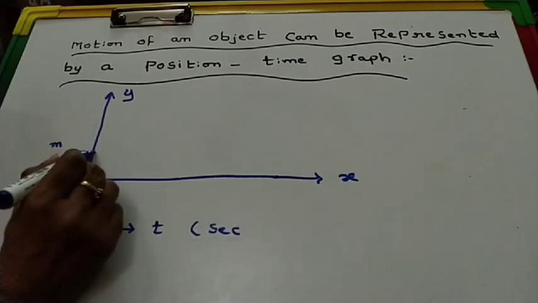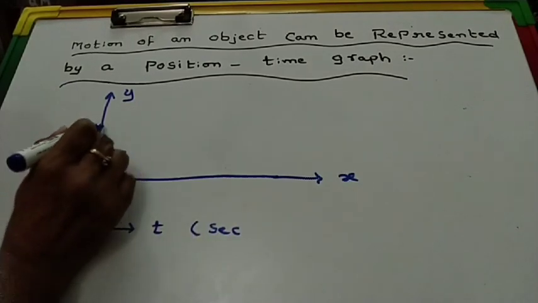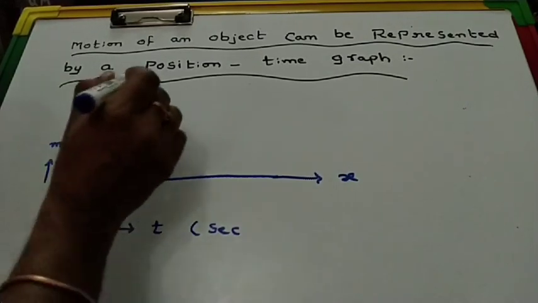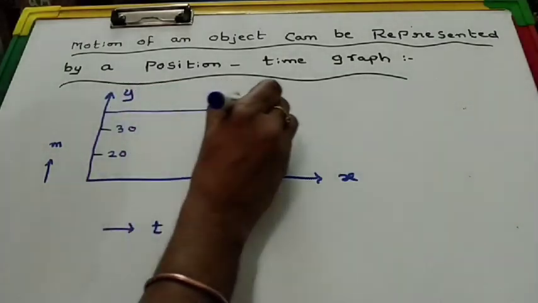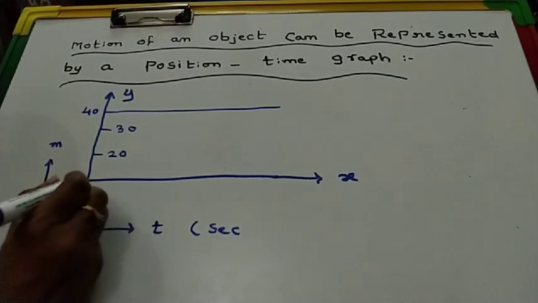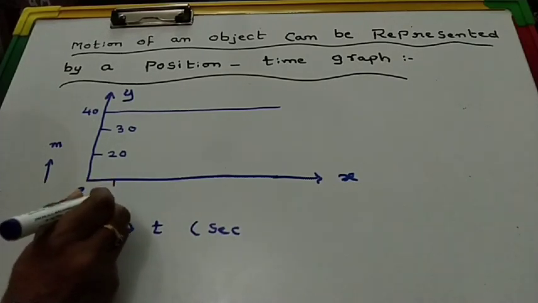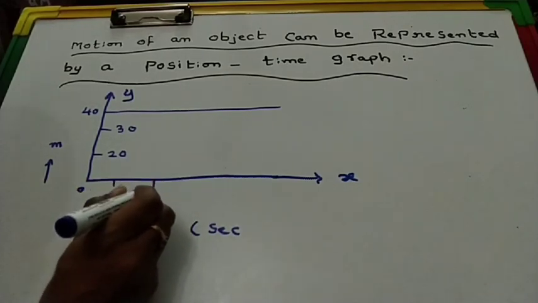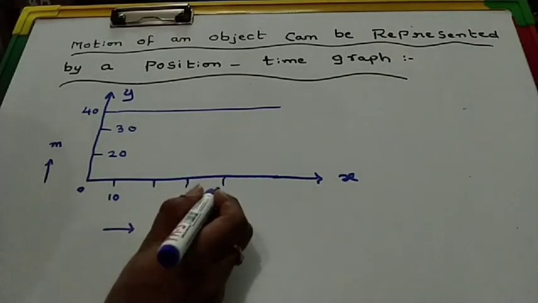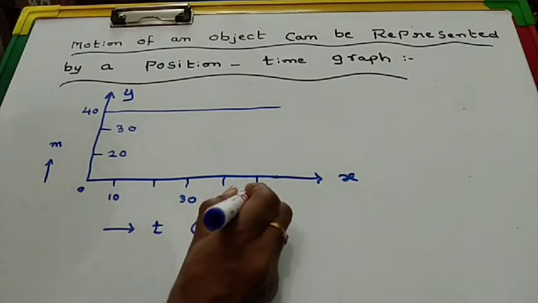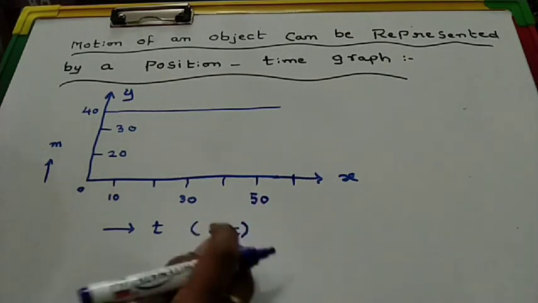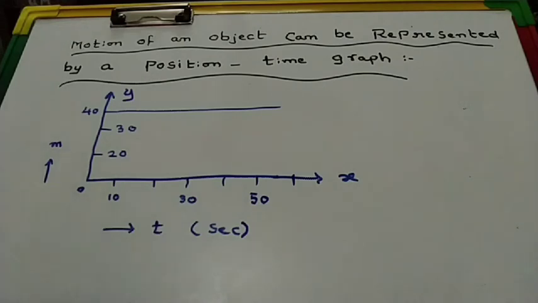Now consider 20, 30, 40. It is 40 meters. Now consider 0, 10, 20, 30, 40, 50, 60 seconds. Now this is the graph.